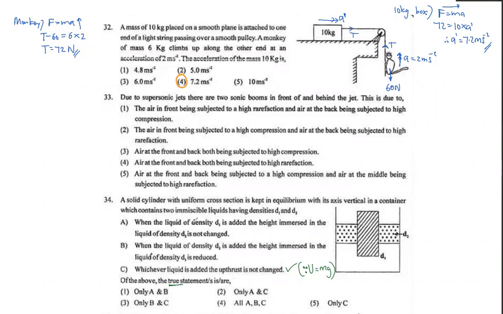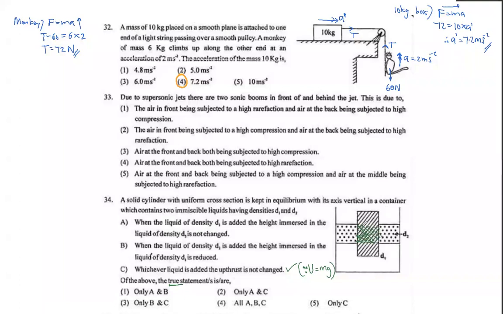So first statement: when the liquid of density D1, which is at the bottom, is added, the height immersed in the liquid of density D2 is not changed. Yeah, I think that's correct because the upper part of the object is outside. This is the volume of liquid inside D2.